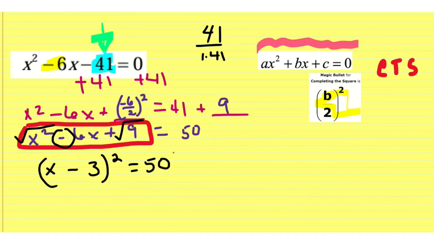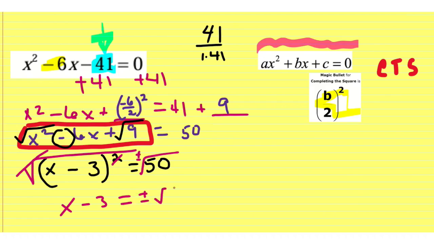Now that it's in this format, we are allowed to use the square root method to finish solving it. So I'm going to take the square root of both sides, square root of 50, but on the answer side, I need to make sure and put plus or minus. So the square root is going to cancel out the square. I end up with x minus 3 is equal to plus or minus radical 50.